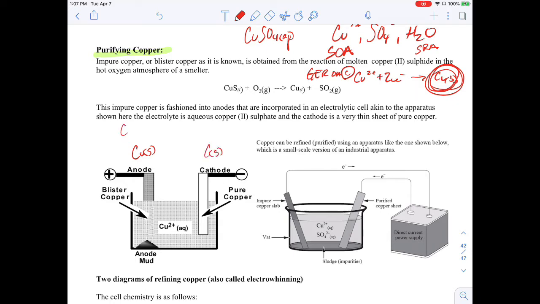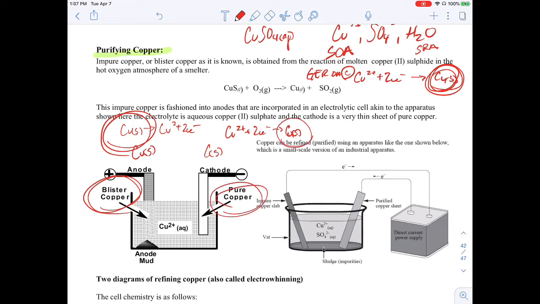The copper solid is going to become copper 2 ions at the anode, and at the cathode, you've got copper 2 plus 2 electrons make copper solid. And so they can use low-grade copper here, they call it blister copper, and then they can purify the copper over here. That's a way to purify copper, but it's also a way to keep the reaction running.